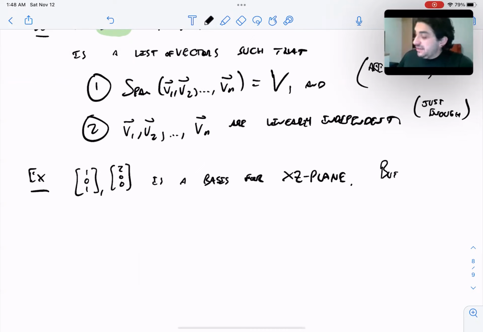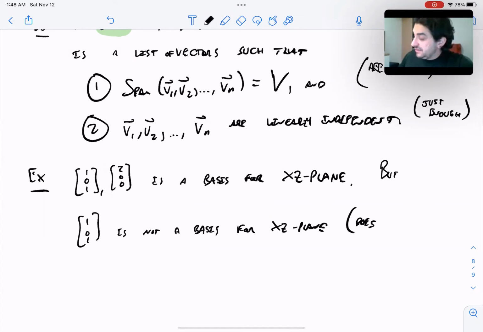But if you said this alone is not a basis for the xz plane, why? Because it does not span, right? There's not enough there. (1, 0, 1) is a basis just for the line x equals z in the xz plane, right?